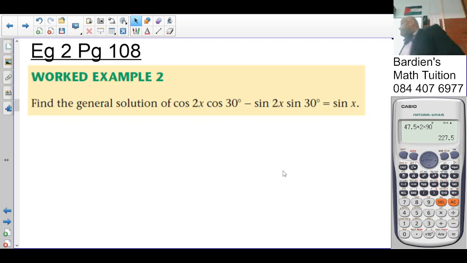What can happen here, people? We can change cos 2x cos 30 minus sin 2x sin 30 to what? Using the cos rule. Okay, so reduce that quickly.